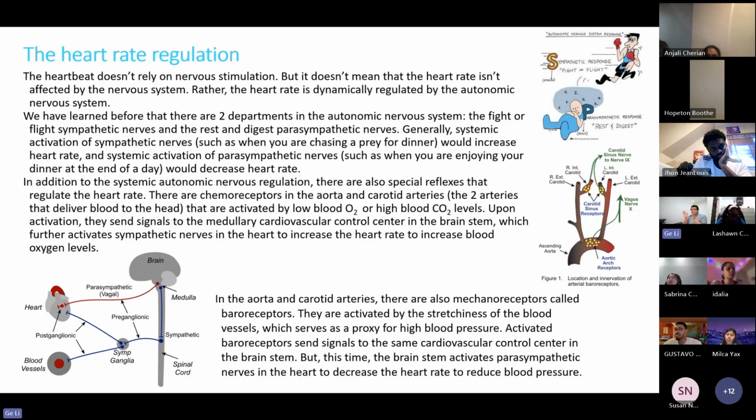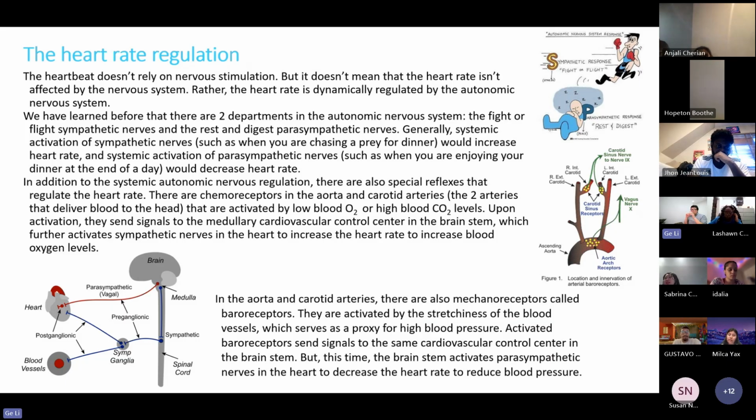Again, heart rate and stroke volume are the two factors that contribute to the cardiac output. But in the case of regulation, heart rate is largely more regulated than the stroke volume. So how heart rate is regulated, we will actually talk about this in more detail later.